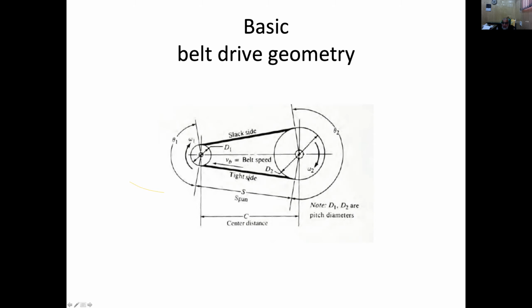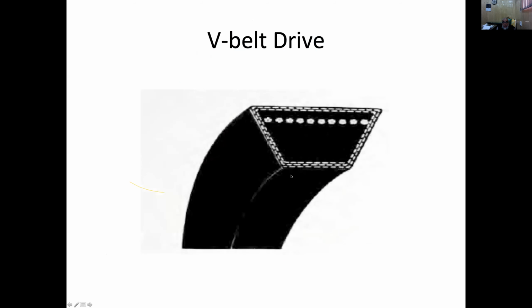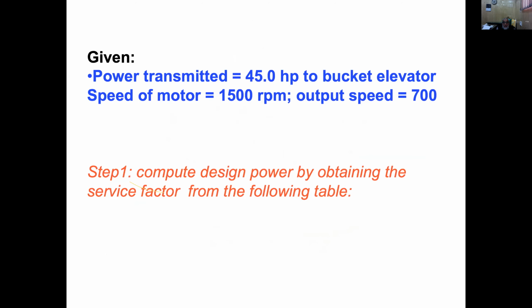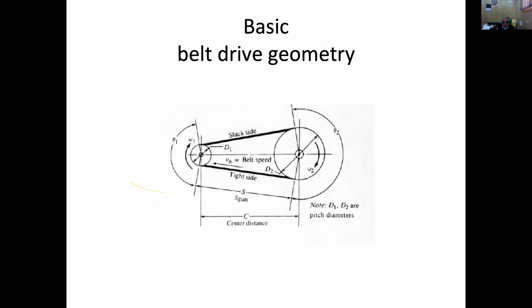You already know that the ratio of tensile stress on the tight side and slack side of the belt is based on the angle of wrap, and also on the groove angle in the case of V belt. But in the case of flat belt, it is equal to the angle of wrap multiplied with the coefficient of friction. These things were already taught to you in previous semesters.